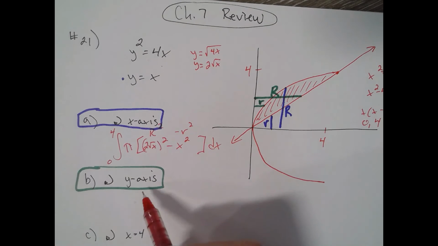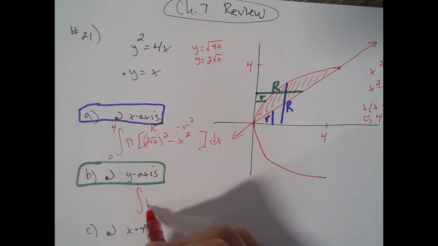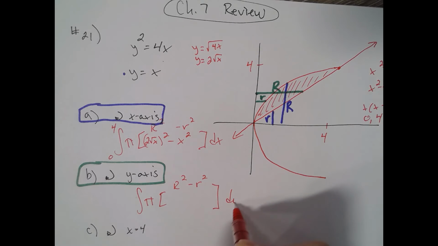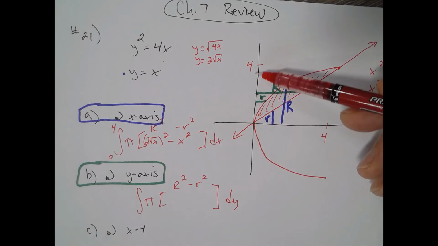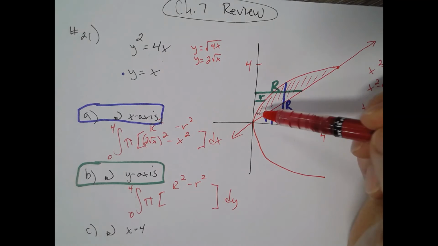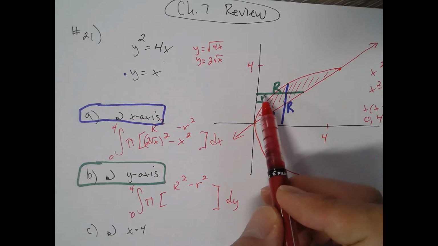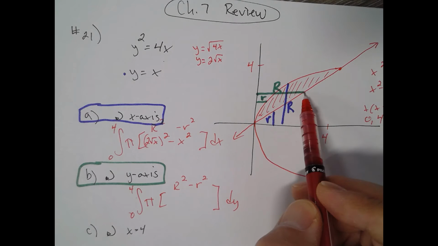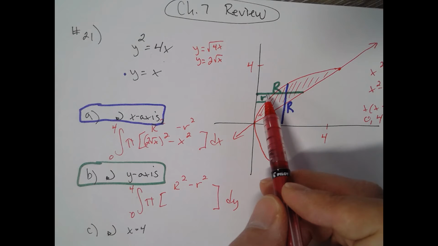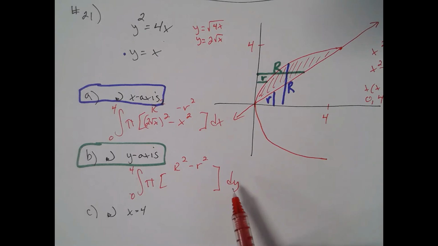If we have a vertical axis, it's going to be pi times big R squared minus little r squared, but it's going to be dy, which means we'll have to go from 0 to 4, which is the same boundaries of integration as before, but you think of it differently, 0 to 4 with respect to y.